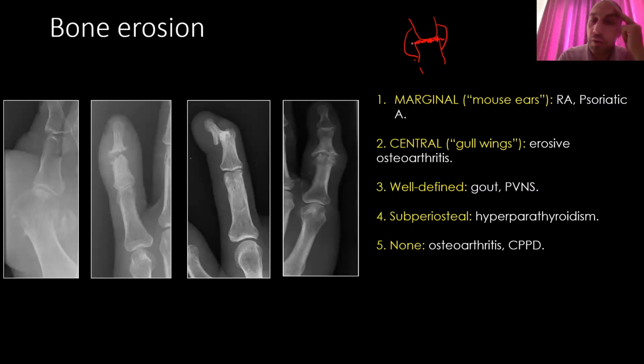Okay. So here is the marginal erosion in the bare area. Here the periarticular erosion is in gout. Gout can also involve the center, but this is just for the example; it is mainly periarticular. And there is central erosion here with erosive arthropathy. I hope this is clear. Can you tell me this in the chat, please?